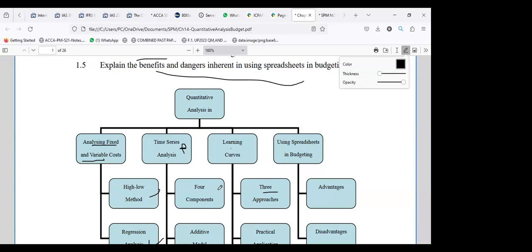I'll try to go through the learning curve first, and then I go back to the finished learning curve. The learning curve is shorter. The questions that are there are shorter, actually. So I want to do the learning curve, and then I go to regressions, those analyses of fixed and variable cost, and then I finish with the time series if time gets me.